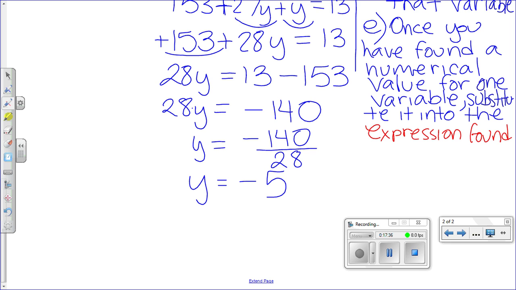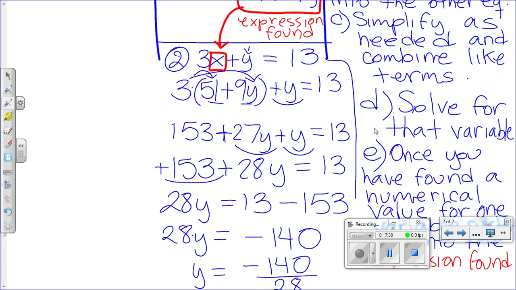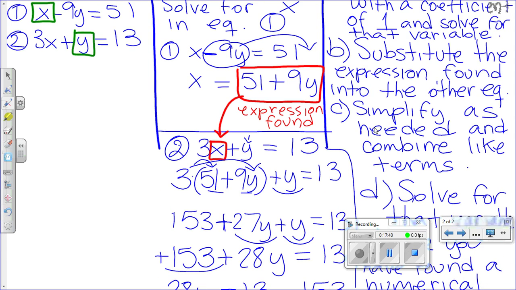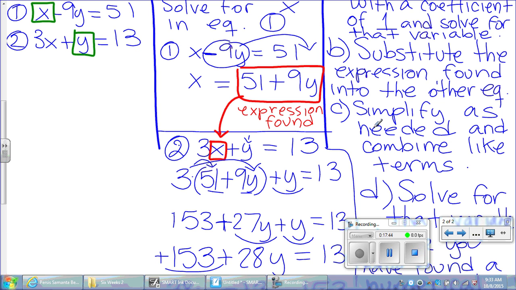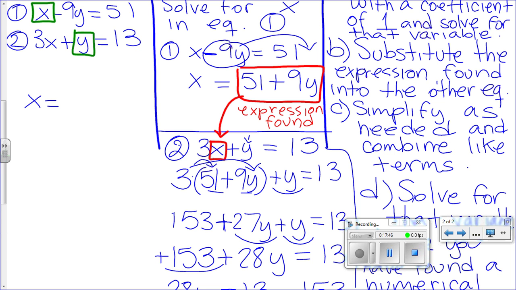And remember the one that I enclosed in that red rectangle into this one here. And so we already know that the expression found is 51 plus 9y. We already know the numerical value for y is negative 5. And so if we do that, that will give us the x value.